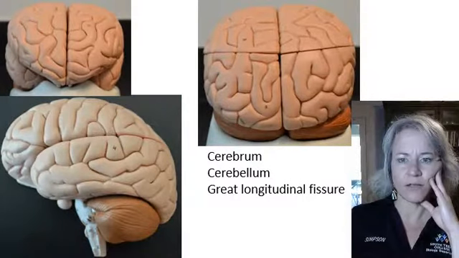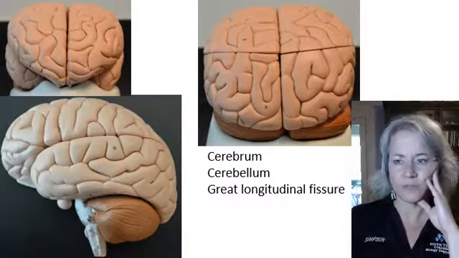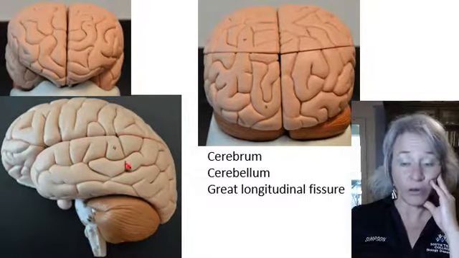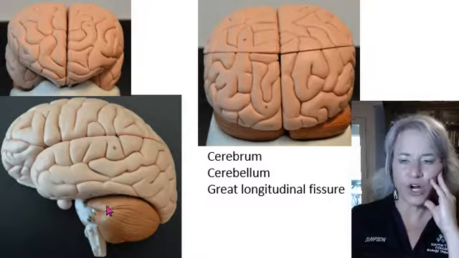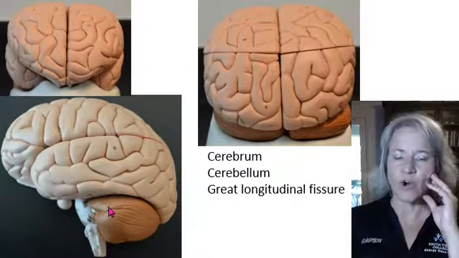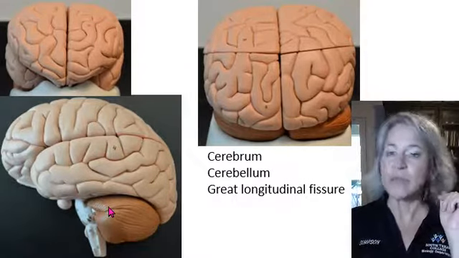Okay, now we have some anatomy of the brain. All of this pink wrinkly part here is the cerebrum, and then this darker brain part is the cerebellum. And the cerebellum is important for muscle memory.